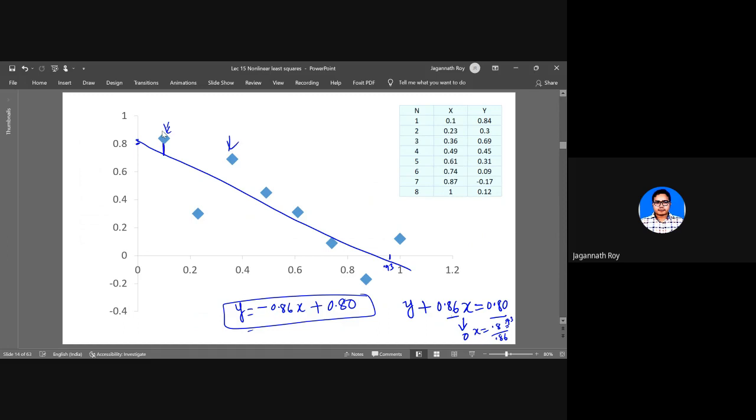We want to find out the distance between the f of x and the b, so this would be our f of x. If we think about the nonlinear case, these points are given, we have to find the distances, and we want to minimize the total distance from all the points.